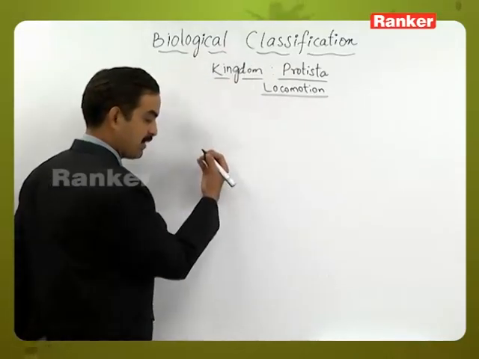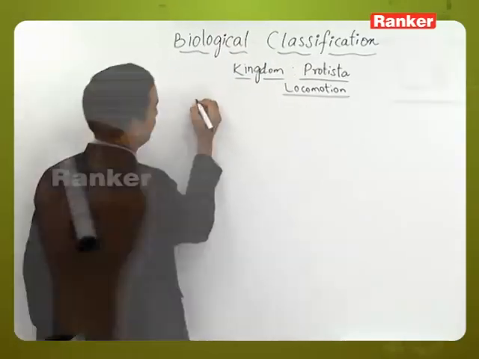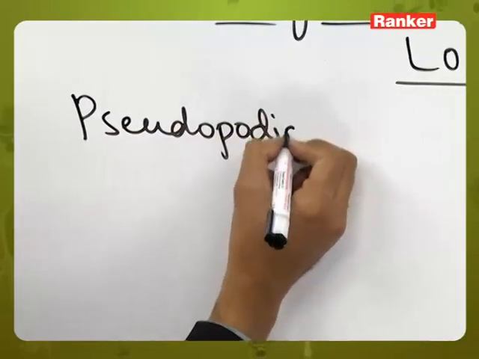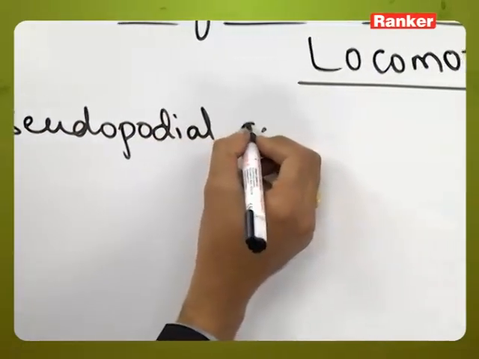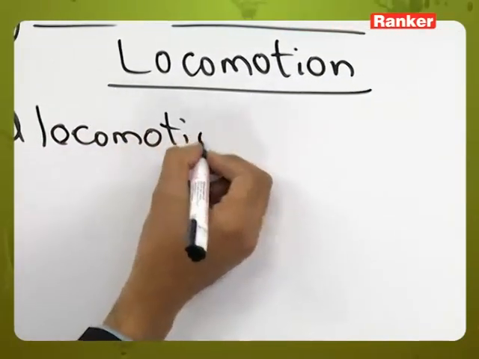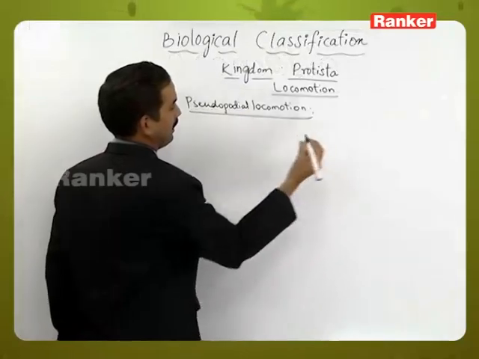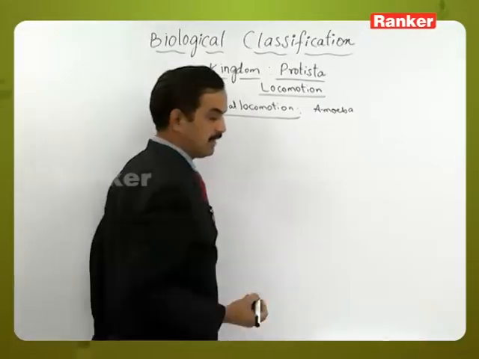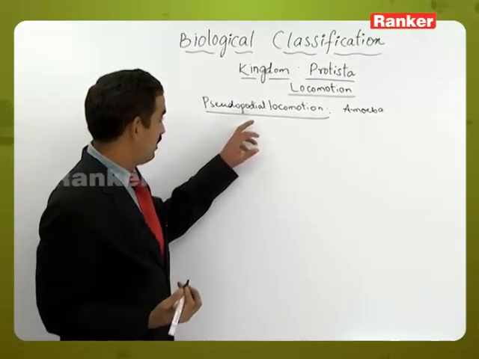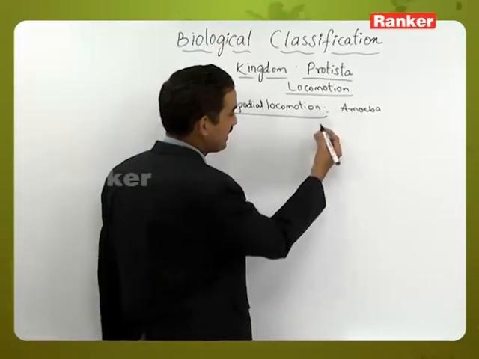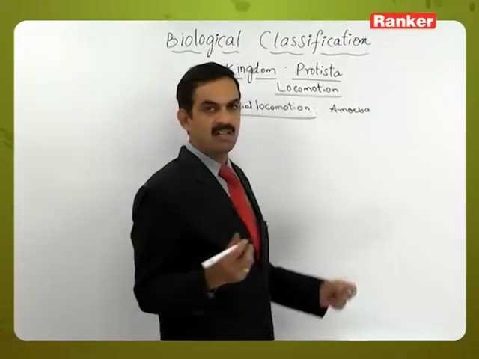Let us start with the first one, pseudopodial locomotion. In examples like amoeba, they have special protrusions coming from the organism. Those are nothing but cytoplasmic extensions.